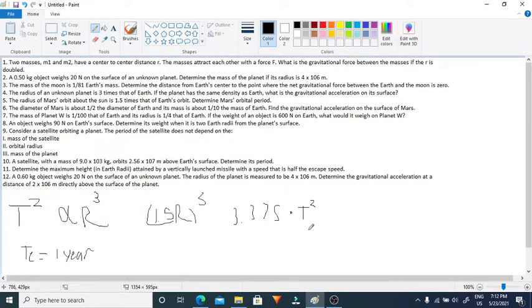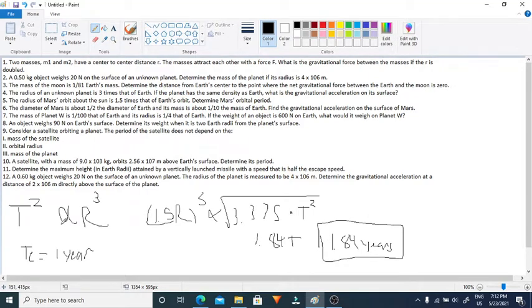Now we can just square root this to find the change in the period, which becomes 1.84 times T. And since we know that T of the Earth is just 1 year, it's going to be 1.84 years. And that's our final answer.